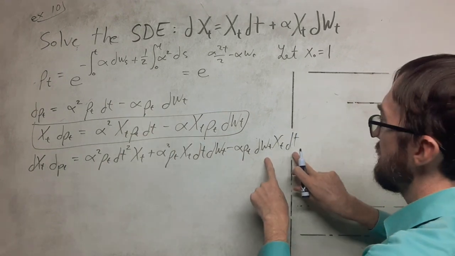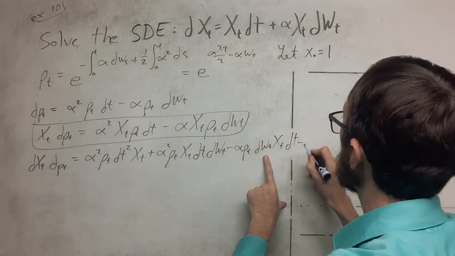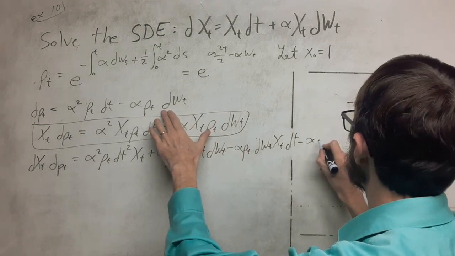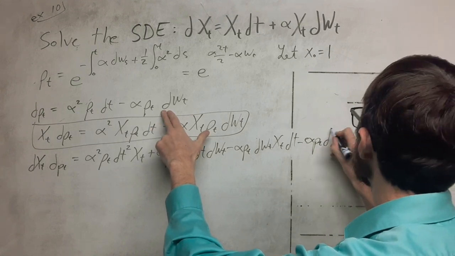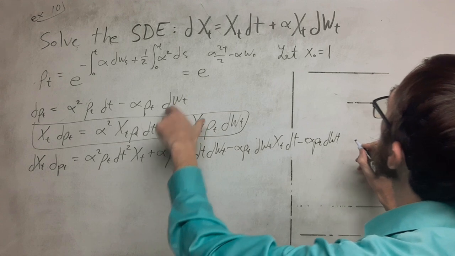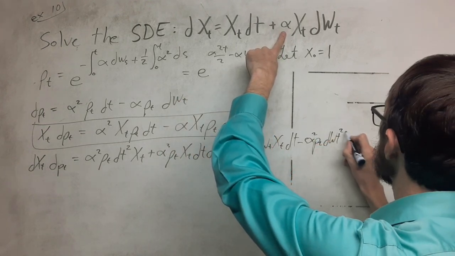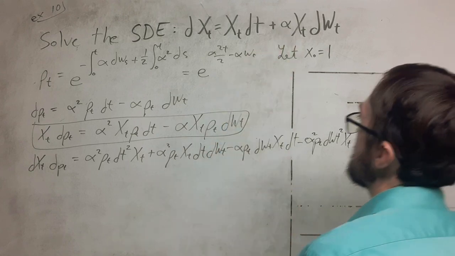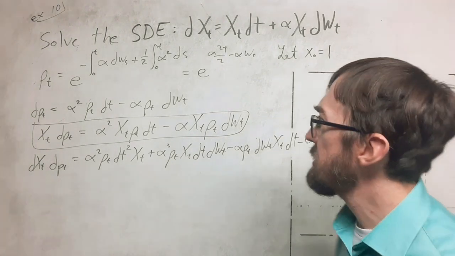Again, I have this dW dt here. That's going to be an important term. And then again, alpha rho sub t dWt, and then times this, so that squares that, and adds an x sub t in here. All right, so he tells us that there's some identities.